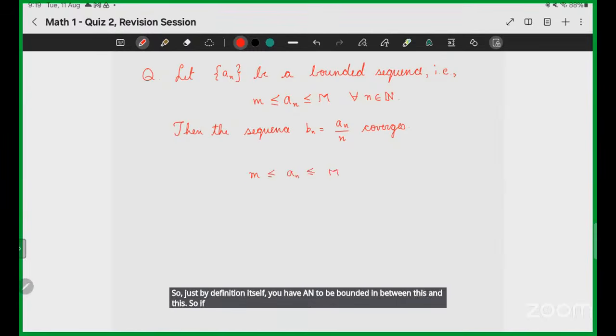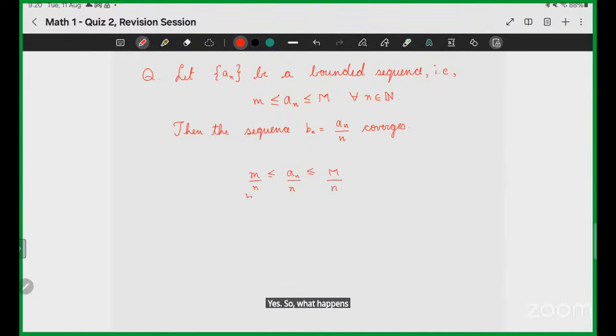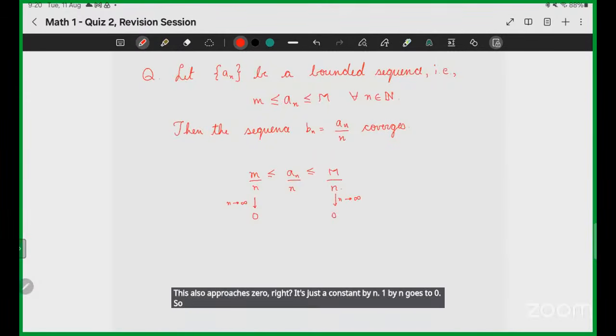If I divide by n, what I will get is this. What happens to this part as n goes to infinity? It approaches 0. This also approaches 0, it's just a constant by n. 1 by n goes to 0, so a constant times that also goes to 0.